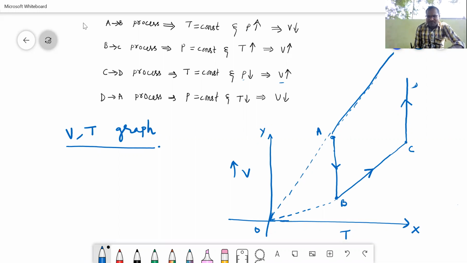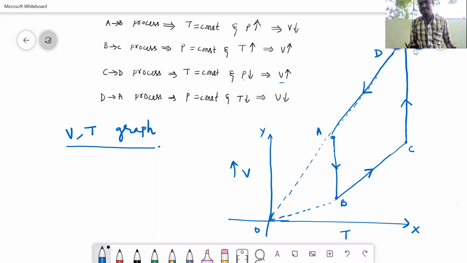It should be a perpendicular line and this should meet here. Okay, D to A process.